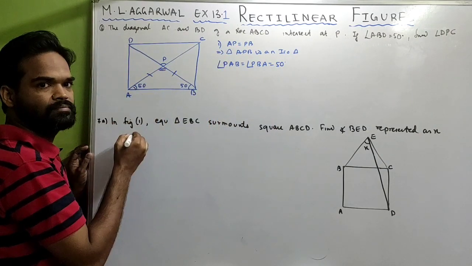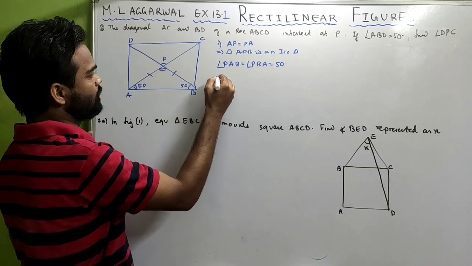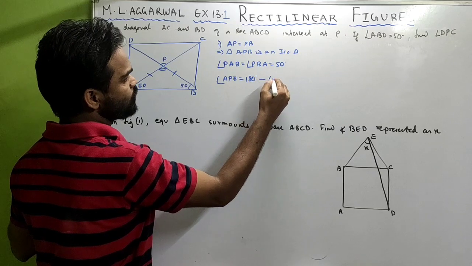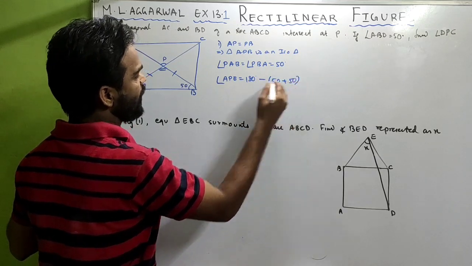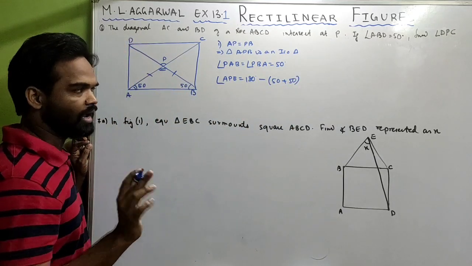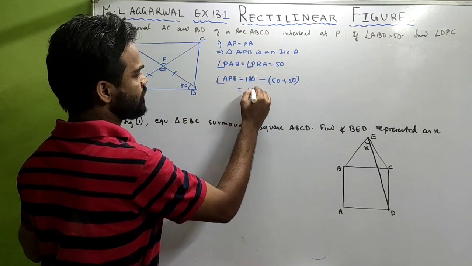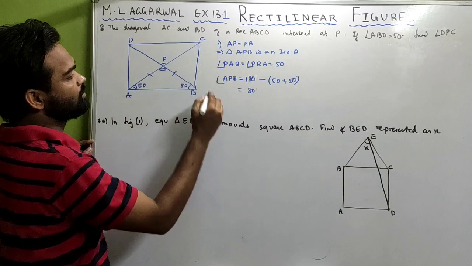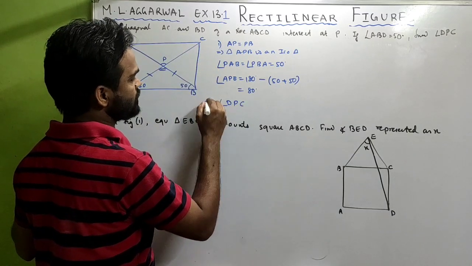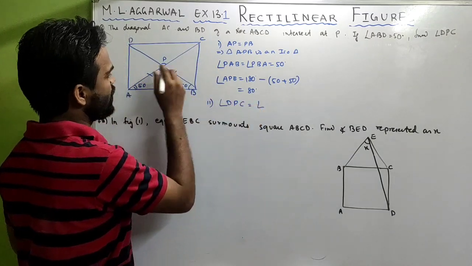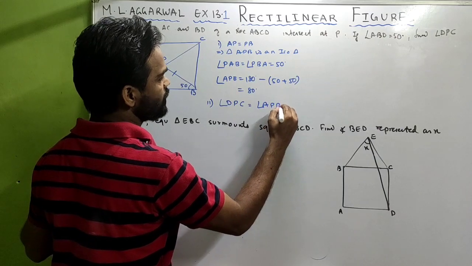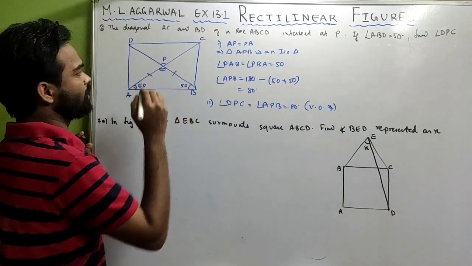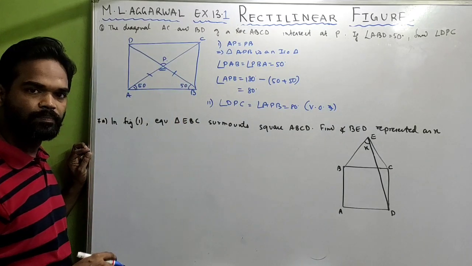Find this angle. Angle APB is equal to 180 minus those two angles, because the sum of the angles in a triangle is 180, angle sum property, which means this is 80 degrees. Now they are asking for DPC. Angle DPC clearly is equal to APB, vertically opposite angle, isn't it? Which means this angle is 80 degrees.